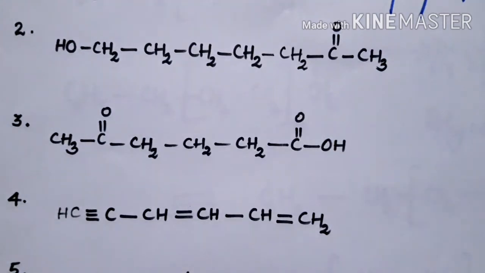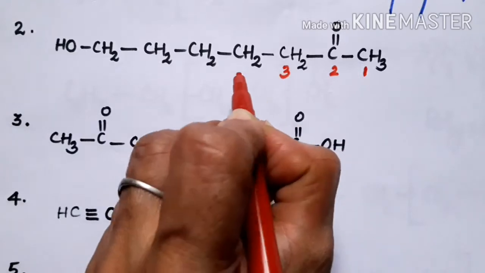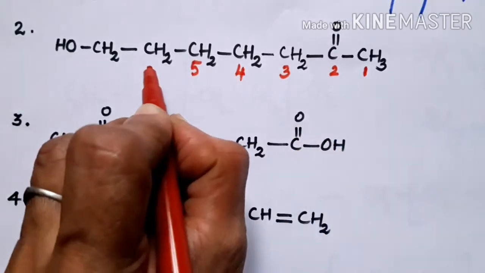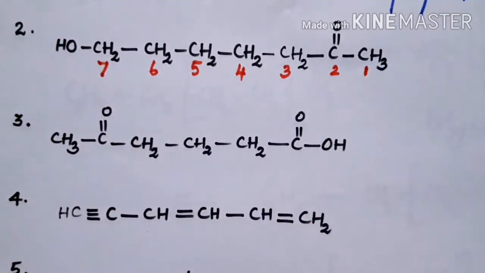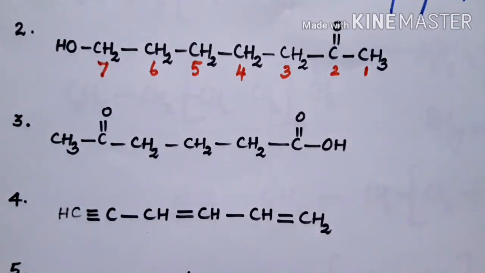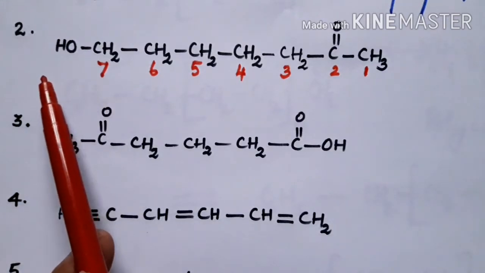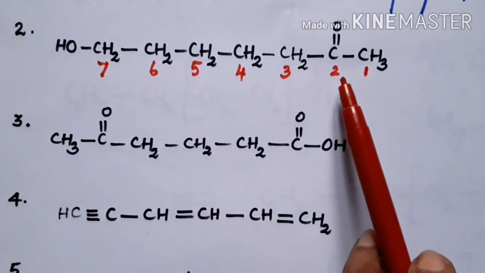So the numbering shall start from right towards left: 1, 2, 3, 4, 5, 6, 7. That means this is a 7 carbon chain, a derivative of heptane. The position of OH group is on the 7th carbon, and the ketone is positioned at the second position.